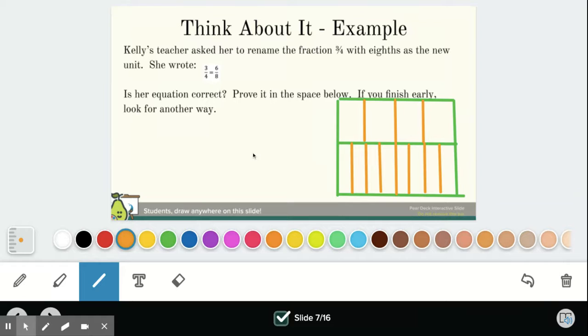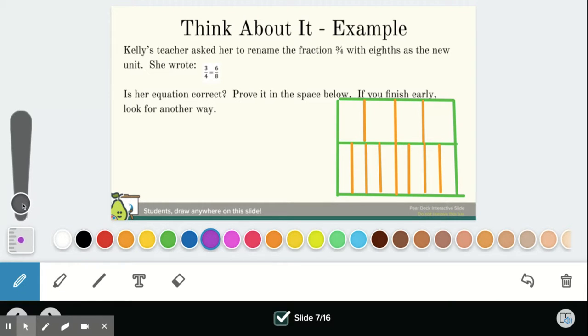Okay, so now we're going to take care of the numerator, which is the top number in the fraction, and that's going to show how many parts of the whole are being described. All right, let's go with purple for the 3 over 4, and I'm going to shade in 3 parts. So what I'm shading in represents the numerator.